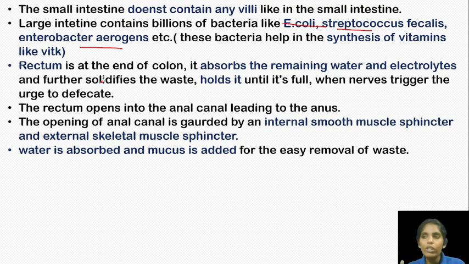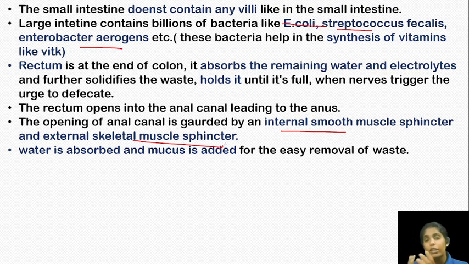Now the anal canal is guarded by an internal smooth muscle sphincter and an external skeletal muscle sphincter. The opening of the internal smooth muscle sphincter is under the control of the nervous system. We cannot control the opening of the internal smooth muscle sphincter, whereas the external skeletal muscle sphincter of the anal canal can be controlled by the human.